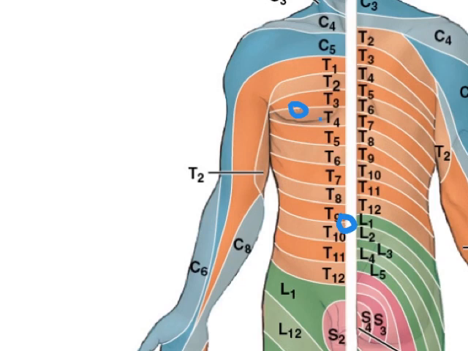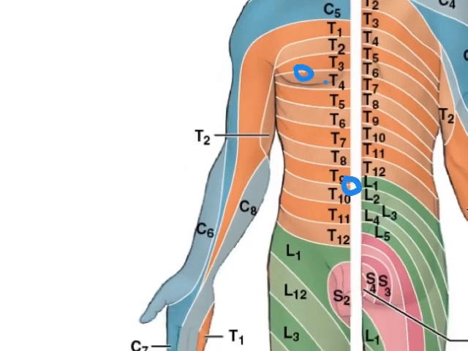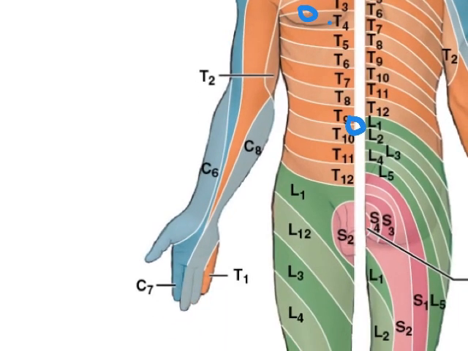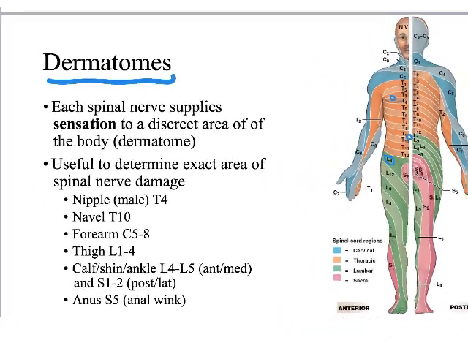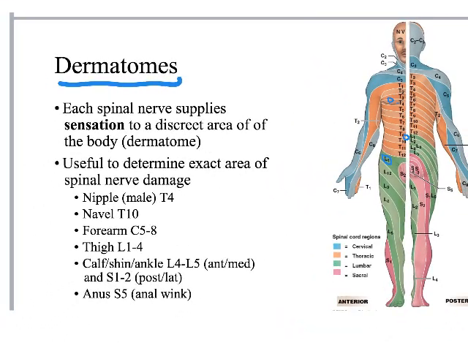So if I'm having an issue there, I know that the problem is in T4. If you're having pain in the groin, for example, then the problem will be at L1, and so on and so forth. So you see how the map of the dermatomes helps us determine if you're having sensory symptoms. We can trace those symptoms back to their source by looking at this map of the dermatomes.